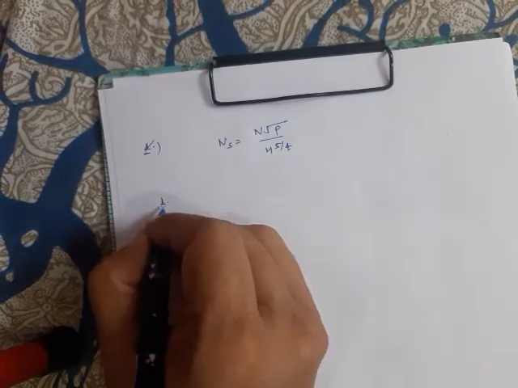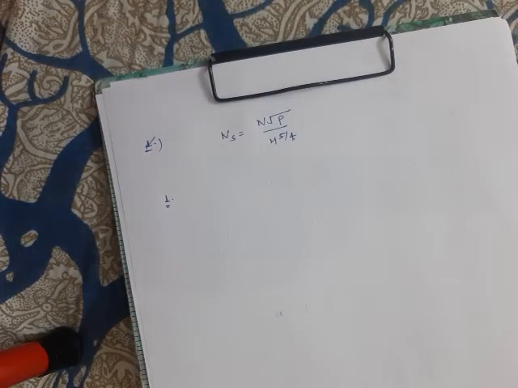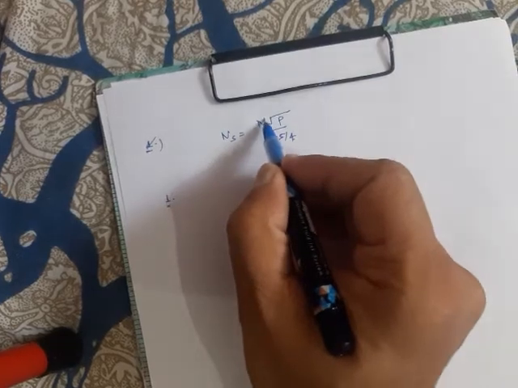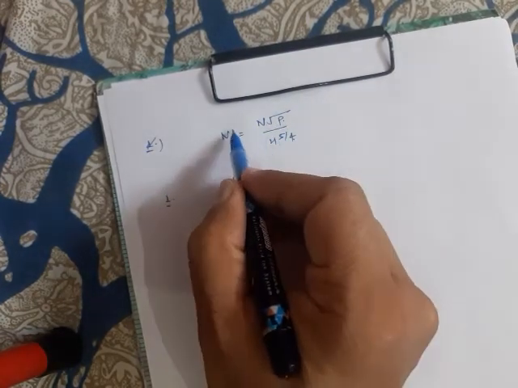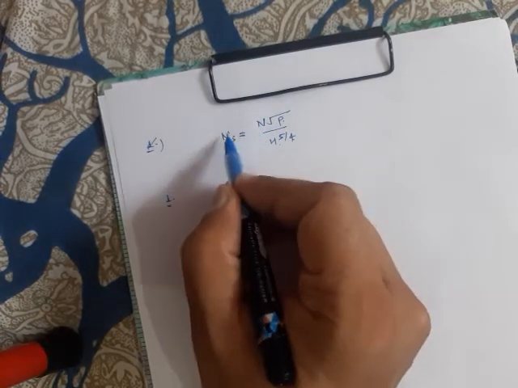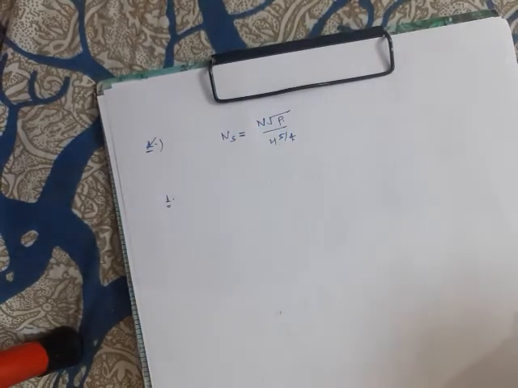Now the first important point which you can notice from here is, for a given power and head, a turbine with low specific speed will have low RPM. And as the specific speed increases, the RPM of the turbine also increases.